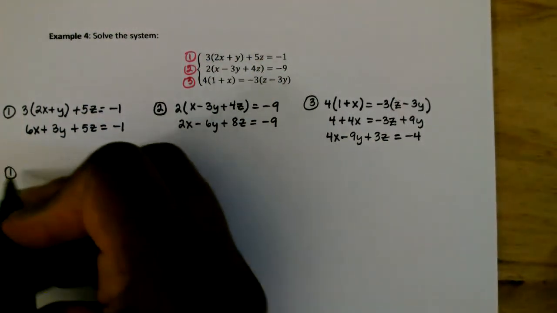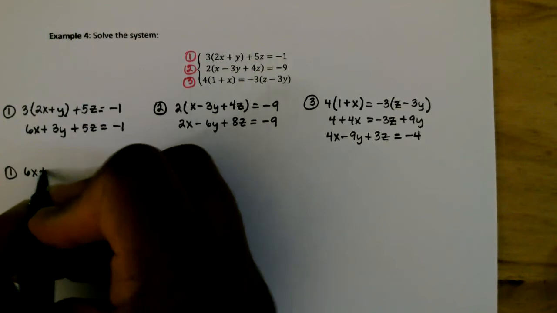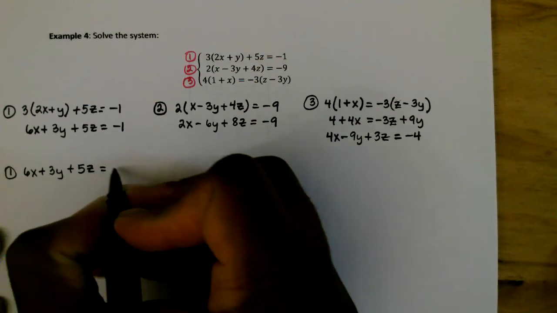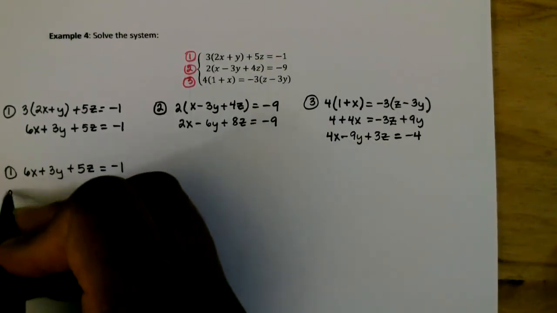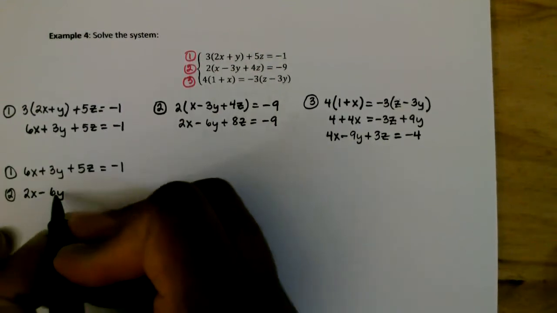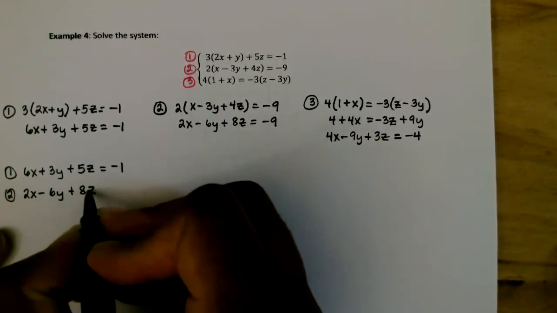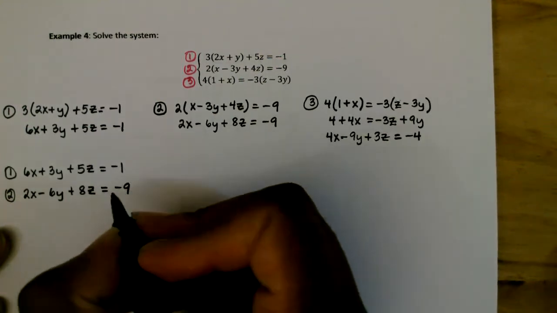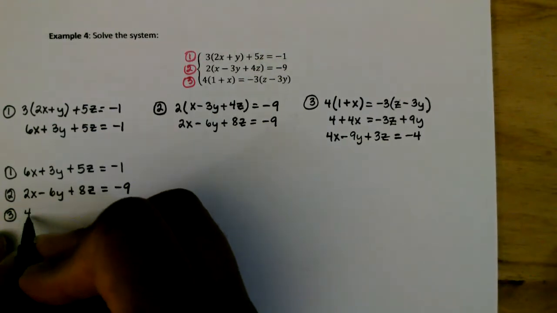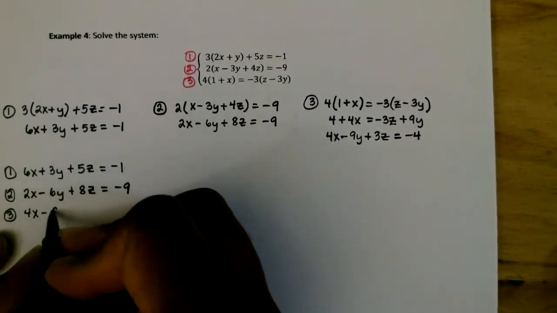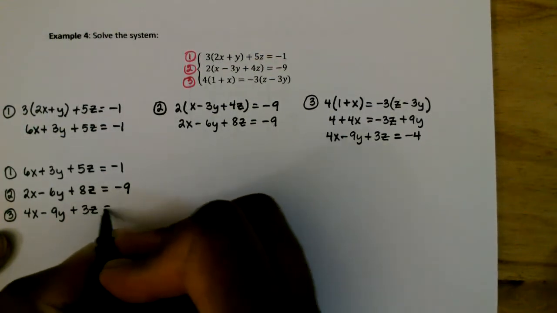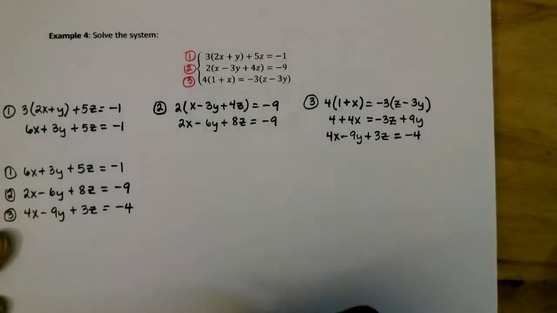Equation 1 is this: 6x plus 3y plus 5z equals negative 1. Equation 2, 2x minus 6y plus 8z equals negative 9. Equation 3 is 4x minus 9y plus 3z equals negative 4.